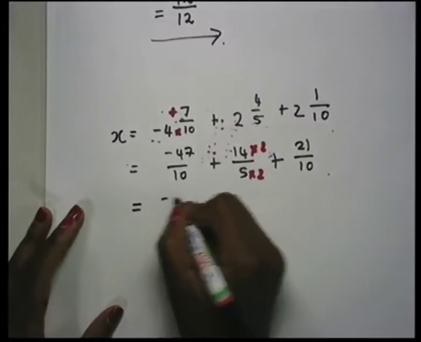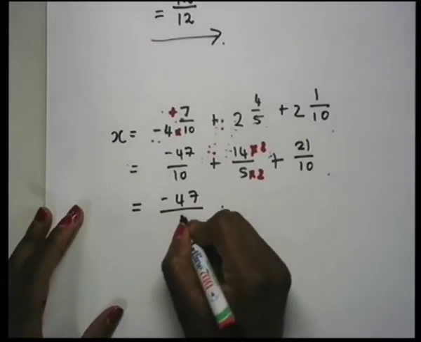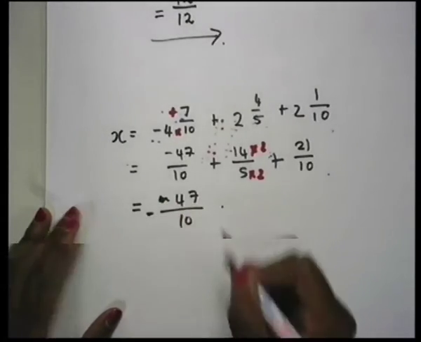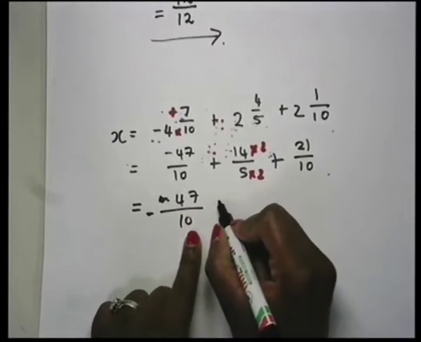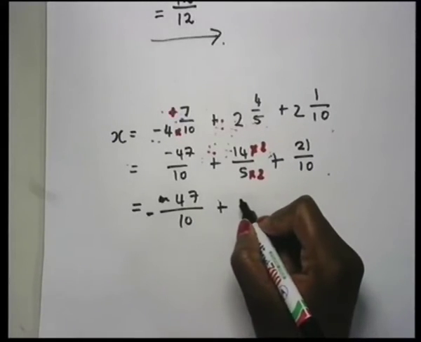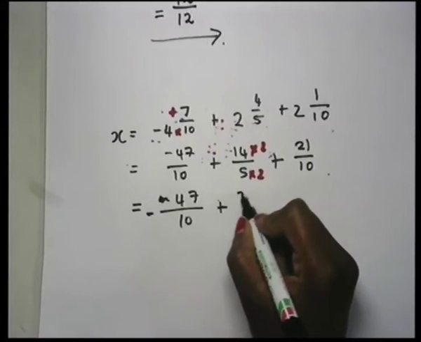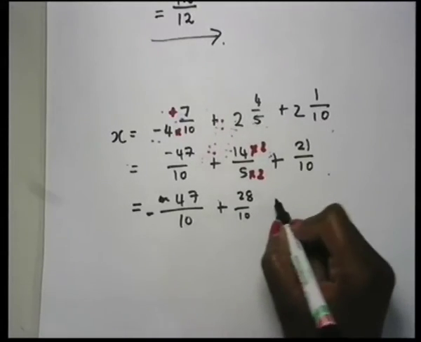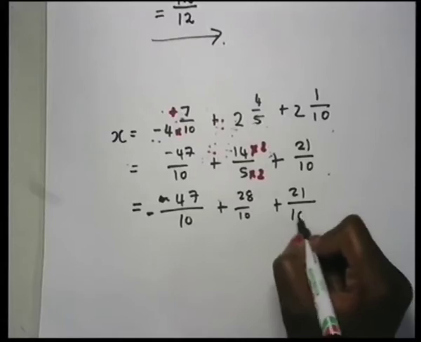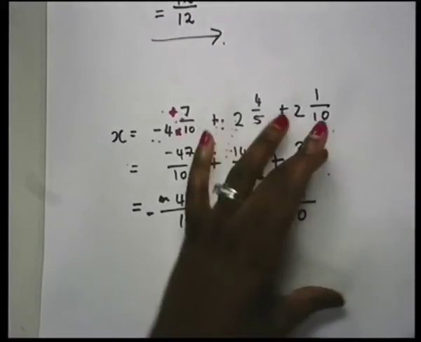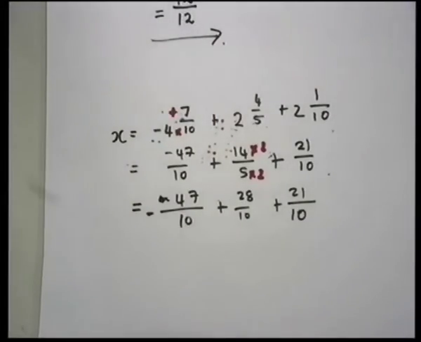So we're just going to quickly rewrite our equation as such. It's minus 47 over 10 plus 28 over 10 plus 21 over 10. Because all the terms within this equation must be like terms.